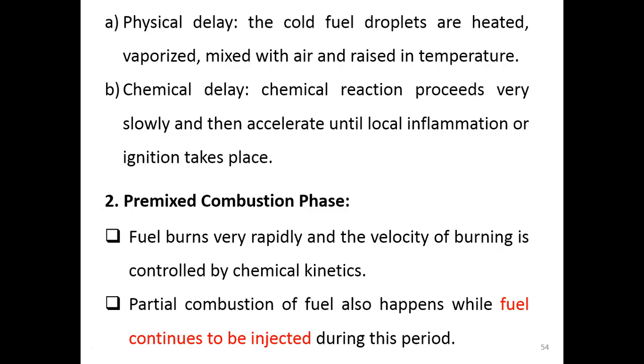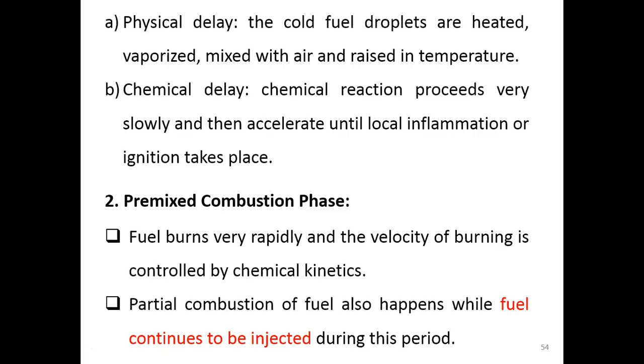And then there is the second delay, called the chemical delay. This is where the combustion reaction proceeds, but it proceeds very slowly, because no flame happens, no ignition happens.